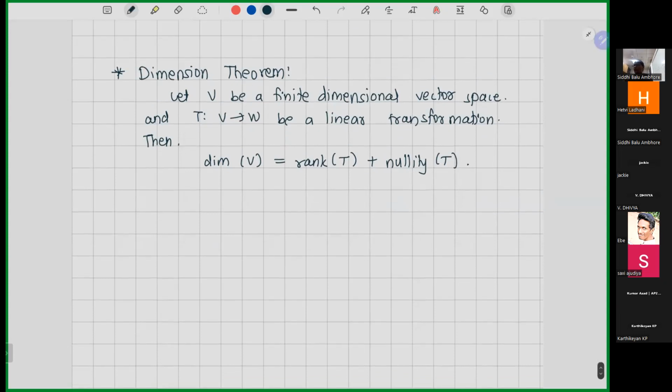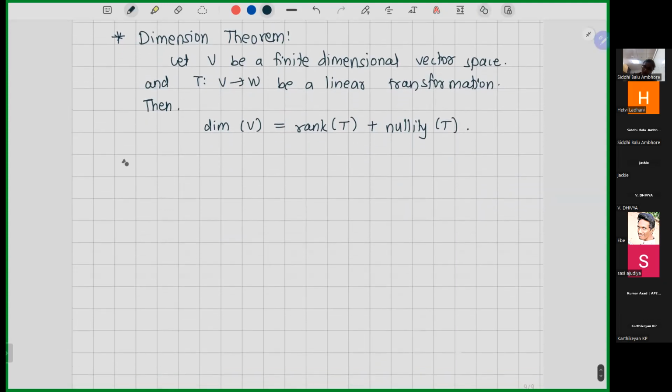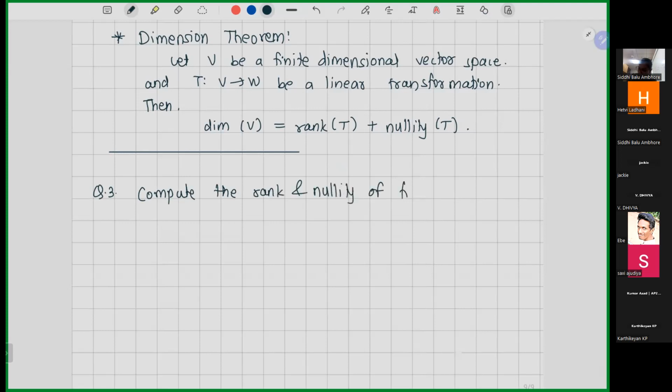So our next question, I think this was question 3: compute the rank and nullity of the following linear transformations.